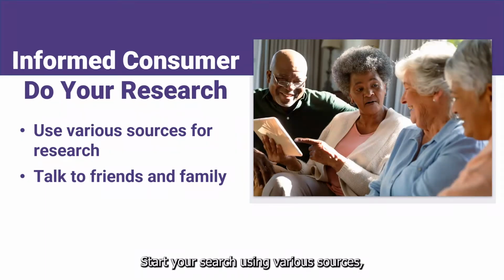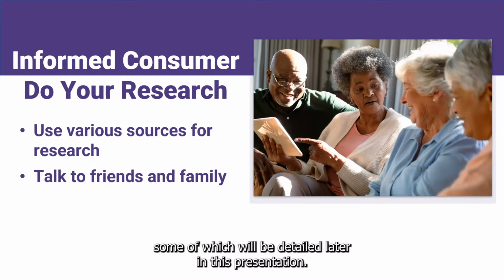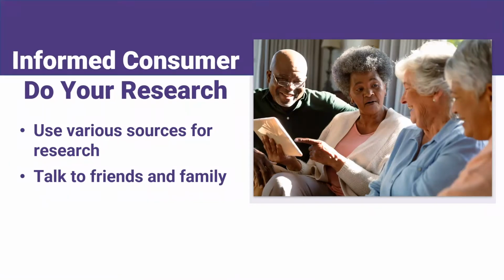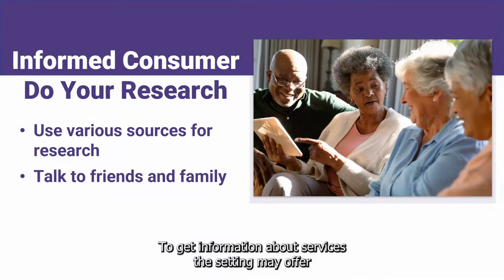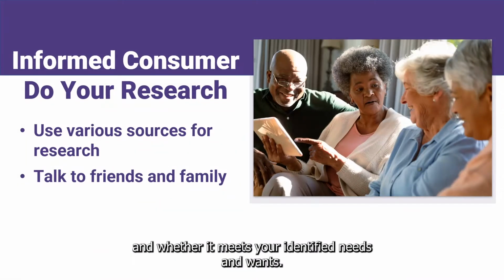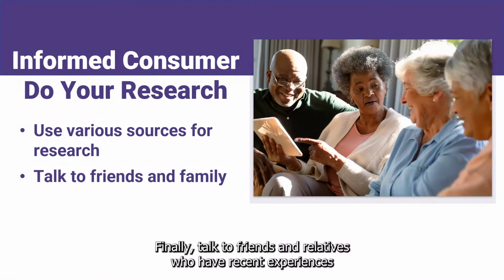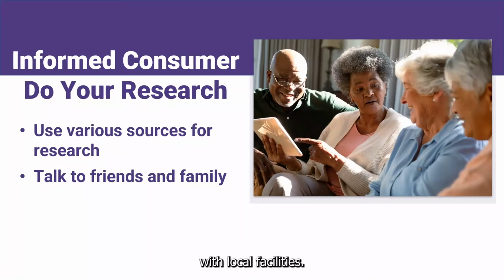Start your search using various sources, some of which will be detailed later in this presentation, to get information about services a setting may offer and whether it meets your identified needs and wants. Finally, talk to friends and relatives who have recent experiences with local facilities.